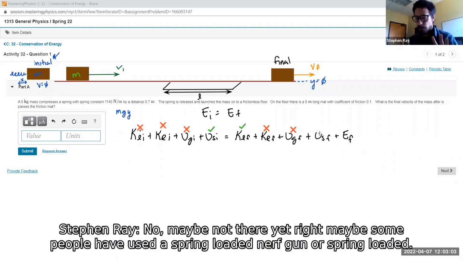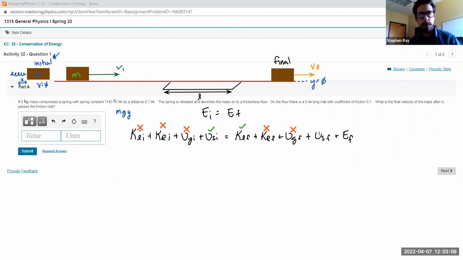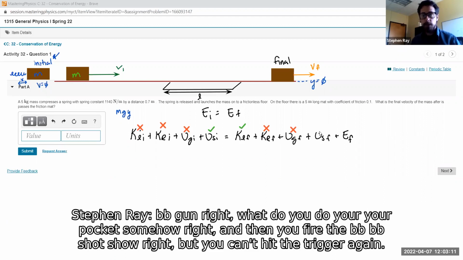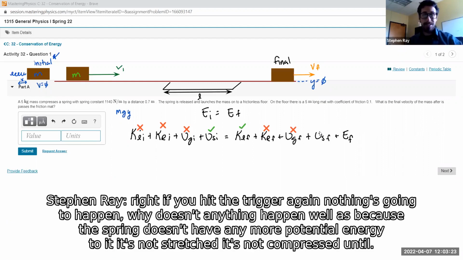Maybe some people have used a spring-loaded Nerf gun or a spring-loaded BB gun. You cock it somehow, and then you fire the BB. But you can't hit the trigger again. If you hit the trigger again, nothing's going to happen. Why doesn't anything happen?